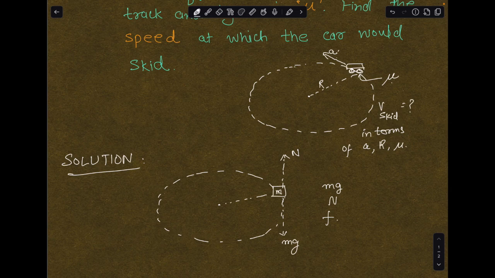Now, because there is tangential acceleration involved, there is some component of friction in the tangential direction, which is imparting the acceleration a. And then because there is circular motion happening, there is centripetal force involved as well. That is coming from friction in the radial direction.